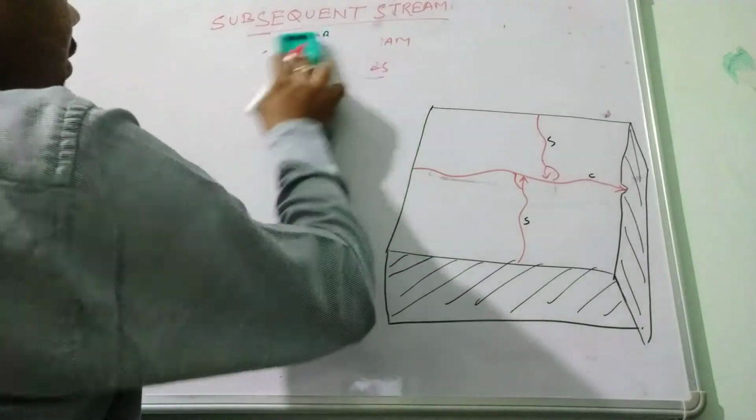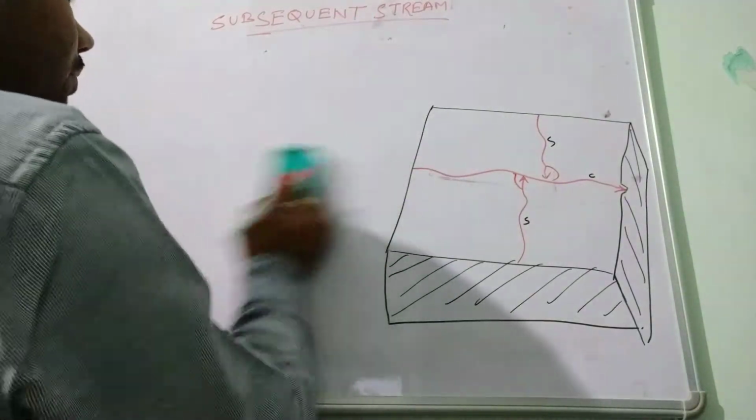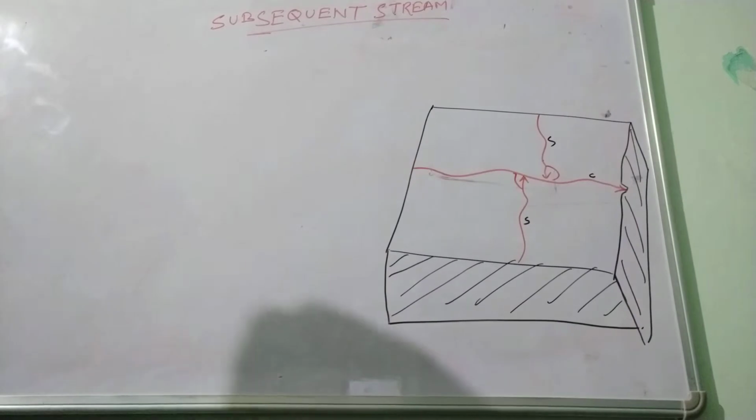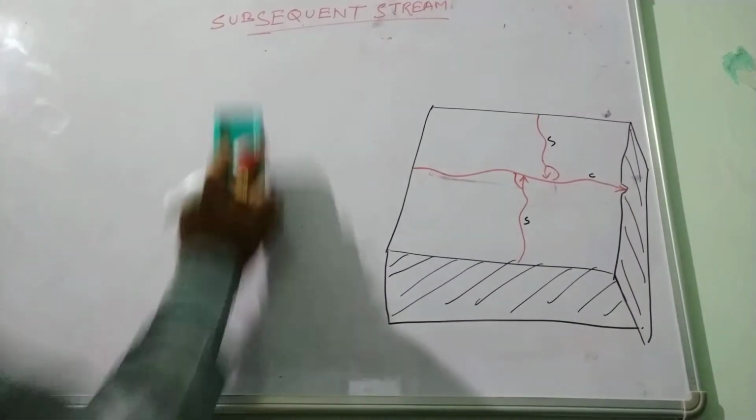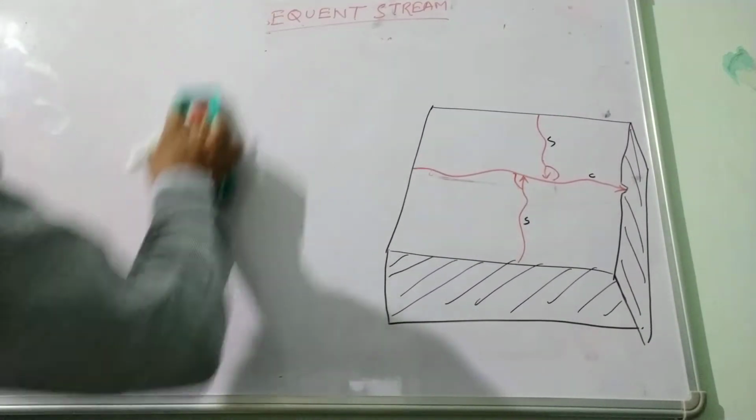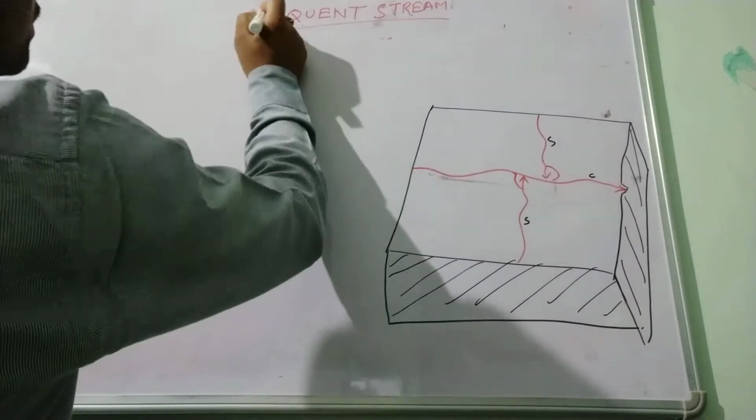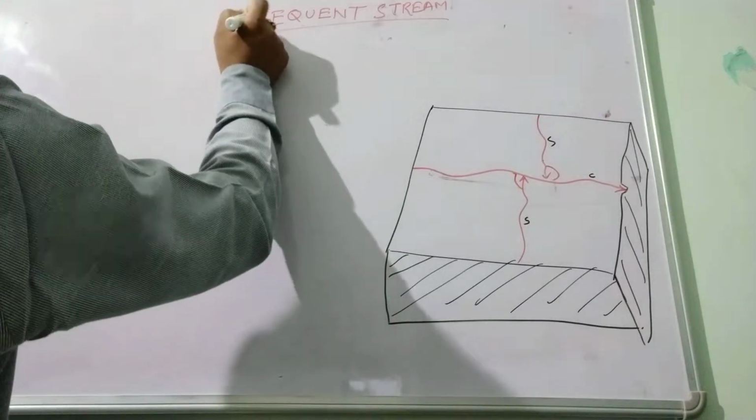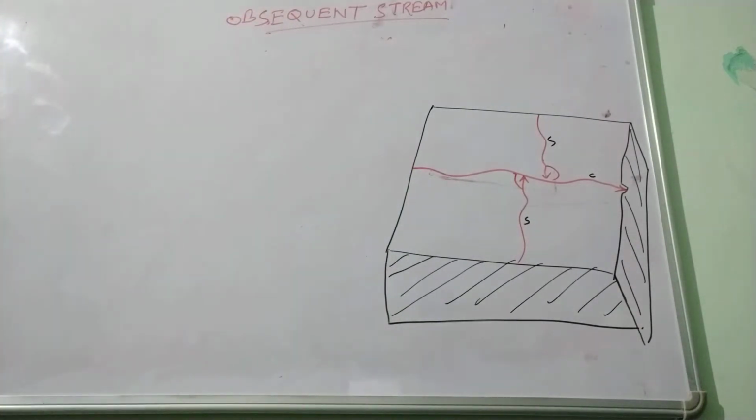Next is the obsequent stream. An obsequent stream flows in the direction opposite to that of the master consequent stream.